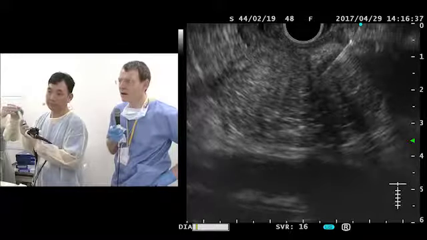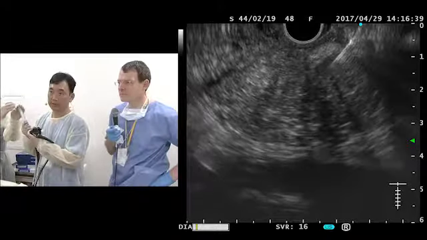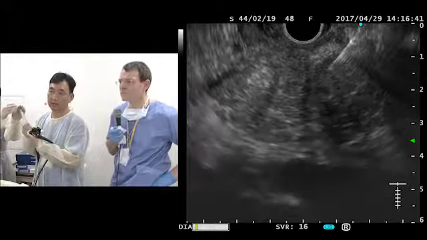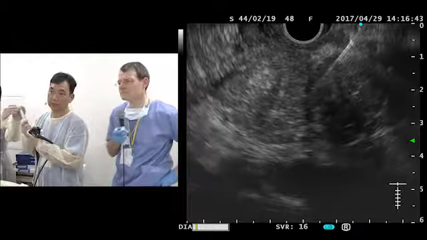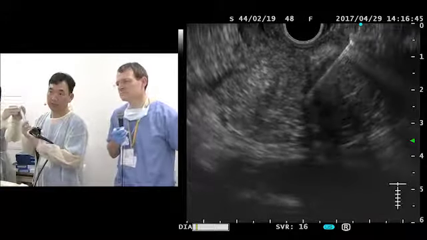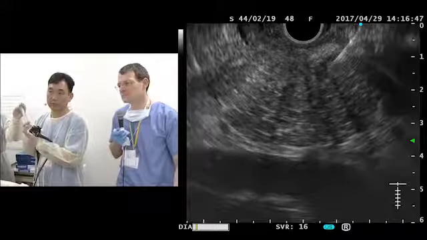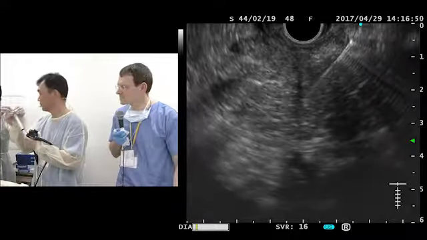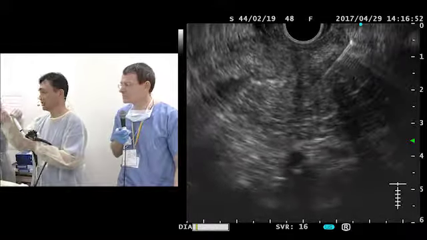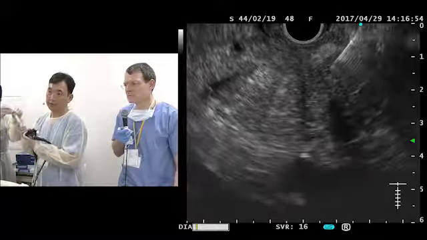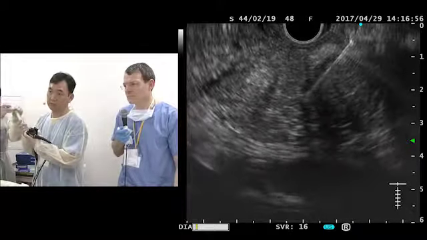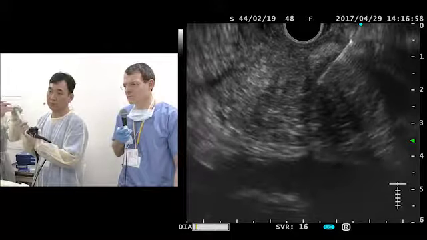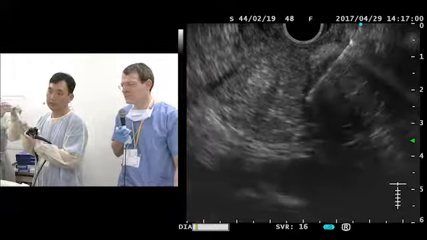If you're suspecting autoimmune pancreatitis, I tend to use a 22 or 19 gauge core needle. And for difficult locations, we tend to use a smaller one. Keep pulling, you have to keep pulling with a steady pull. And for these special needles, you don't really have to do the to-and-fro motion 40 times. I tend to do 15 to 20.